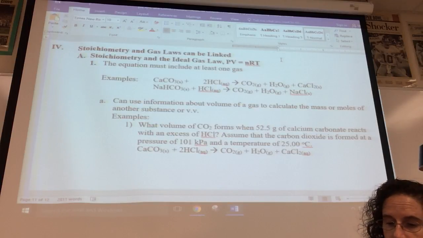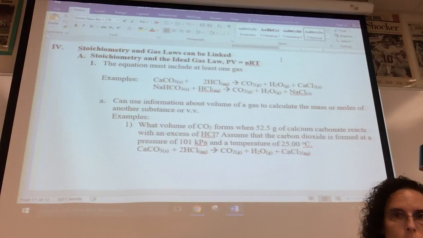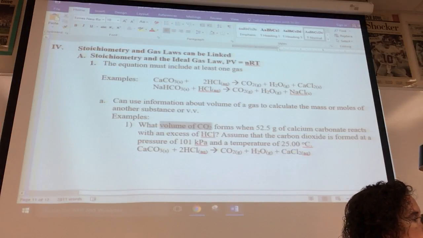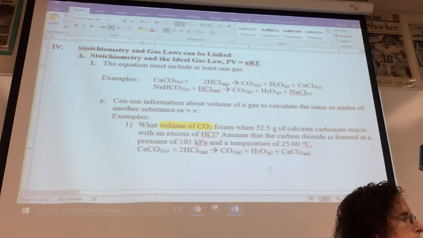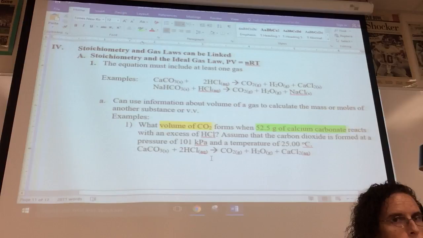So in the first example, what we're looking at here, we want to know the volume of carbon dioxide. That's what we're looking for. We have 52.5 grams of calcium carbonate. That is a solid. You're going to react it with an excess of hydrochloric acid, so calcium carbonate will be your limiting reagent.